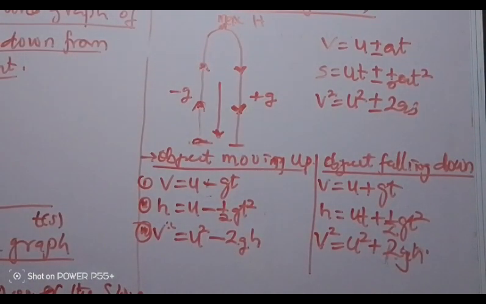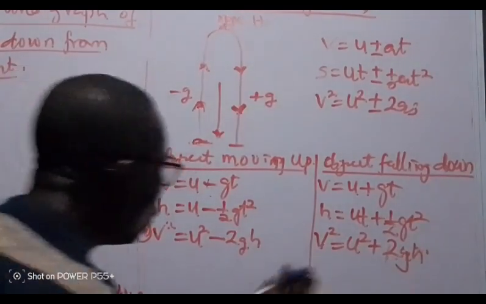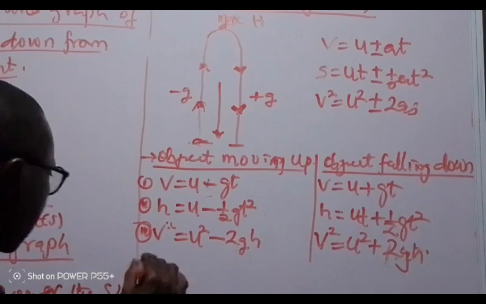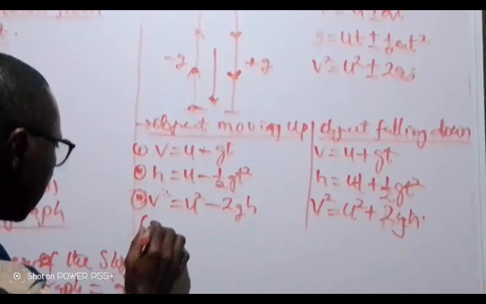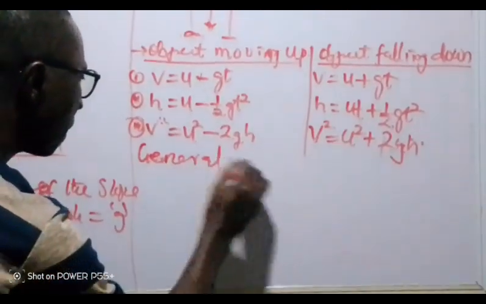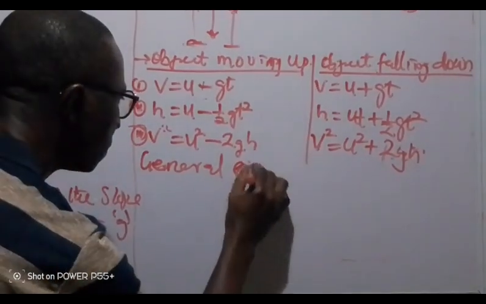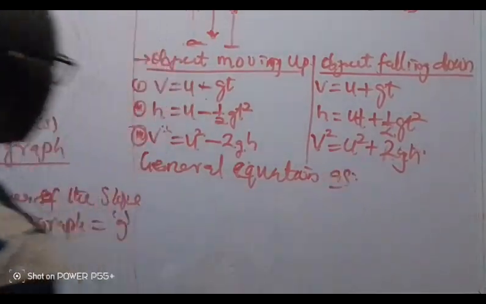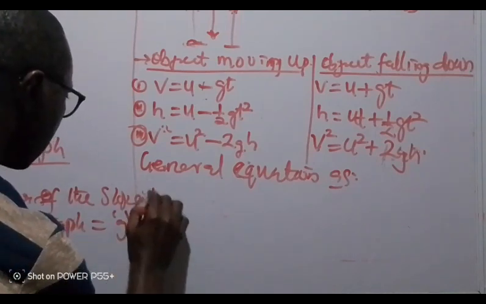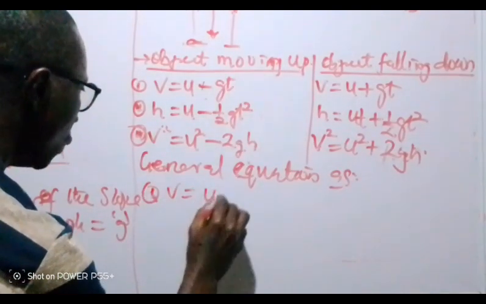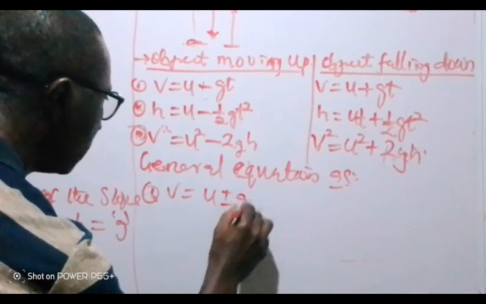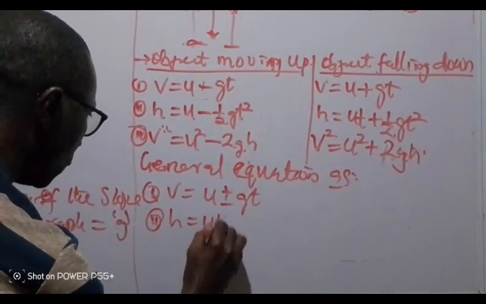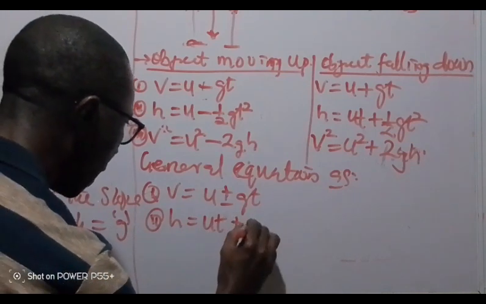Now combine the two side equations together. We are going to have the general equation as: 1. v is equal to u plus or minus gt. 2. h is equal to ut plus or minus half gt squared.